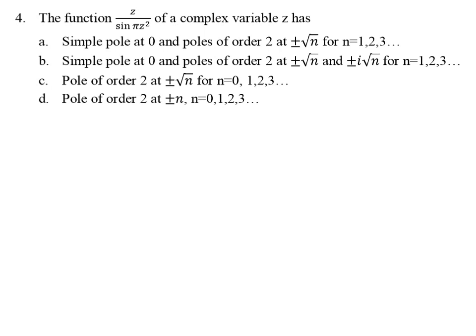Now let's move to problem number 4, where we are asked to find the poles of the function z by sine pi z square. So this is a frequent question in every CSIR exam. So it is a must that we concentrate on poles and residues. Now in this case, z is equal to 0 is definitely a pole.